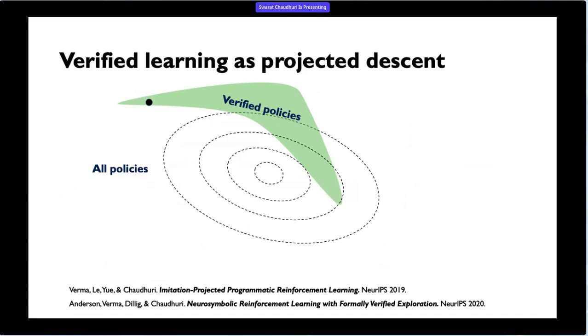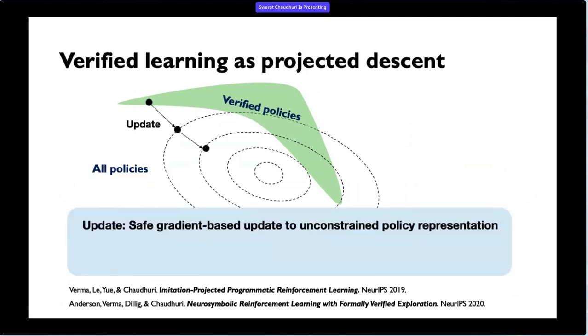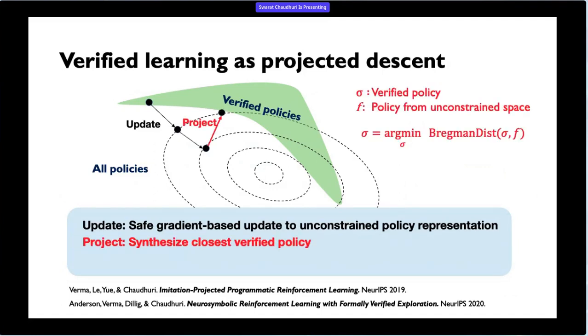And so normal gradient descent would be something like this: you would start from an initial point, you are going to take a bunch of updates, and you're going to get better and better functions in terms of performance. But here, whenever you do such an update, you are going to project back into the space of verified functions.